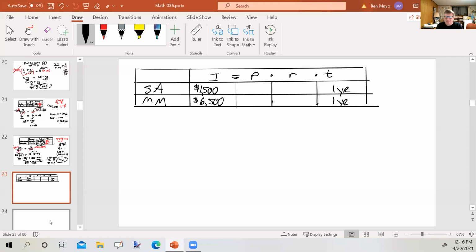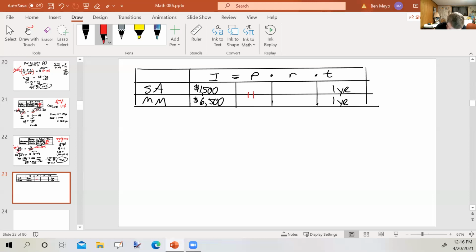It said that same amount of money. So what does that tell us about the principals? That's the same. That they're equal, right? That's just my sideways equal sign. All right, what do we know about the rate? The interest paid is 10% more than that paid by the savings account.